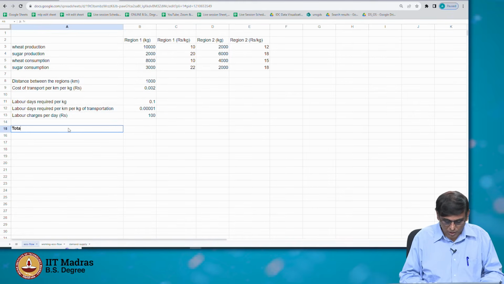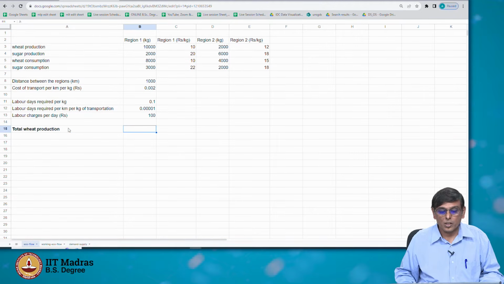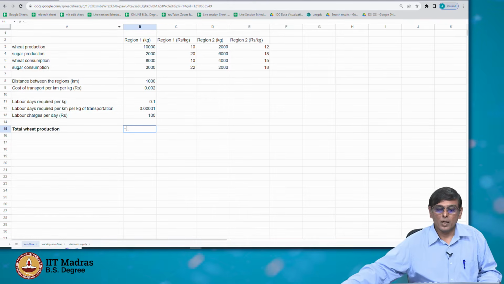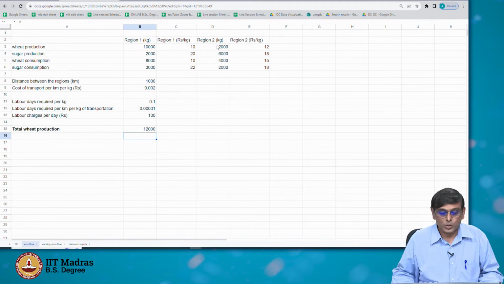Total wheat production is equal to 10,000 plus 2,000, so that is 12,000.